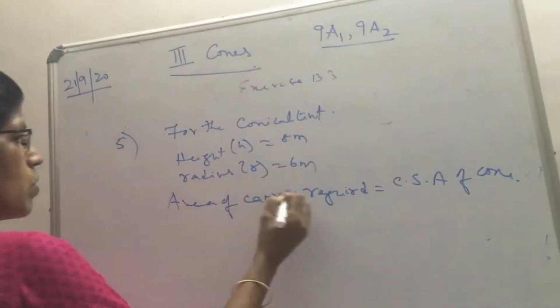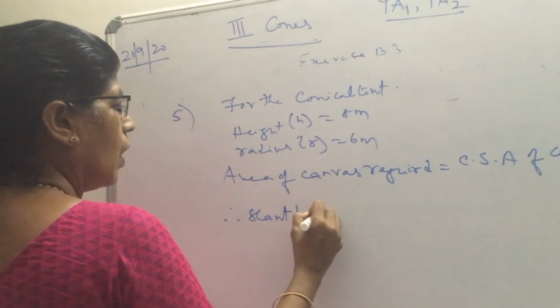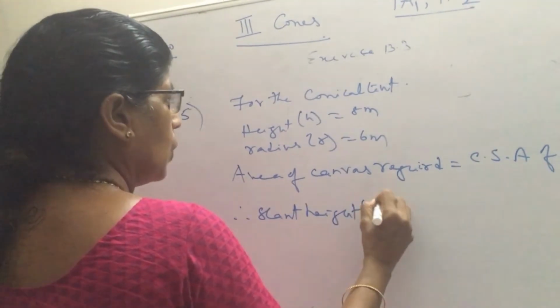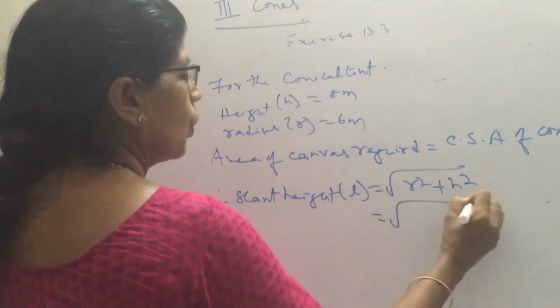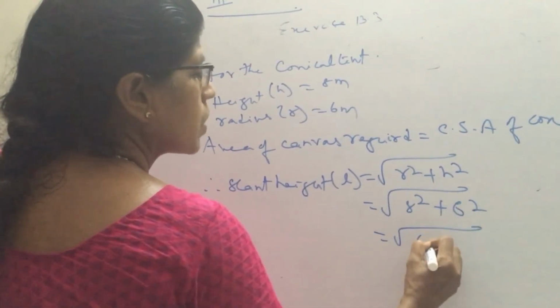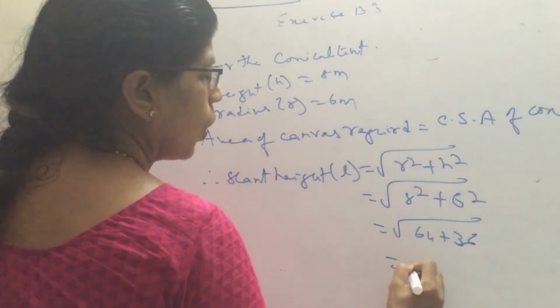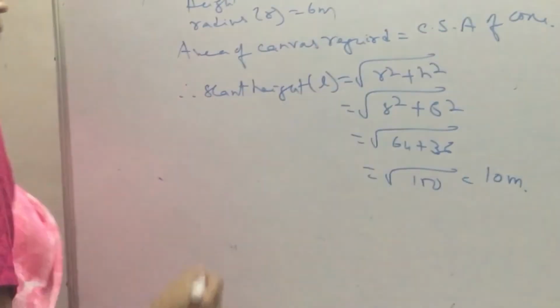Yes, for CSA, what do you require? Slant height. Slant height L is equal to root of R square plus H square, root of 6 square plus 8 square, root of 64 plus 36, root 100, which is equal to 10 meters.